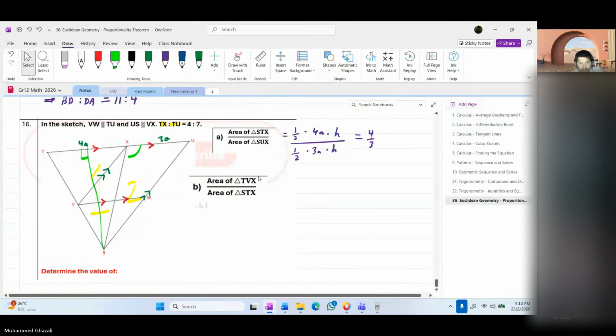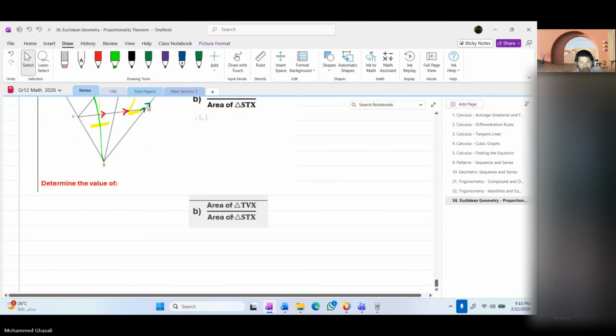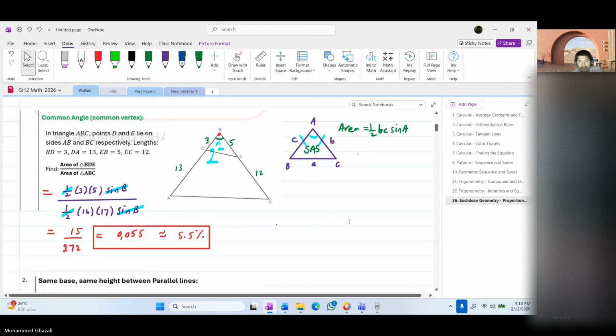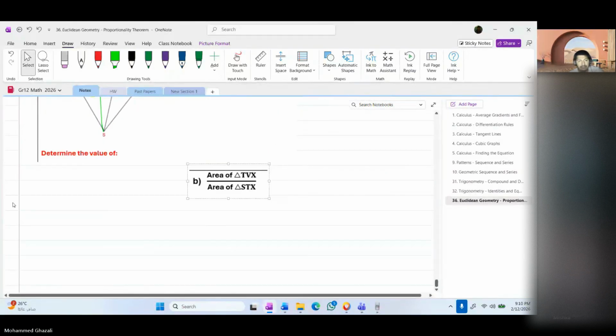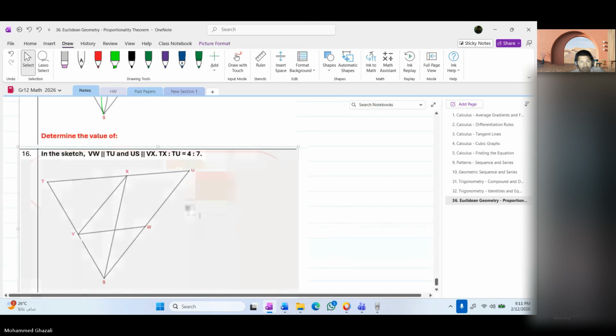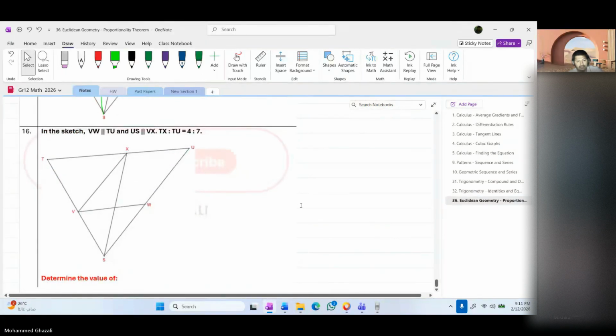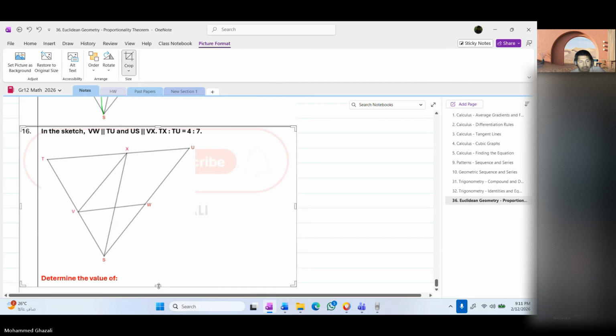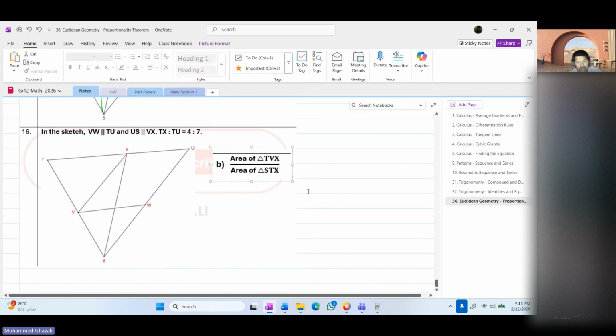TVX. Let's do this on another page. Copy this again and do it separately, a separate diagram. Right, so we want to find the value of this now.